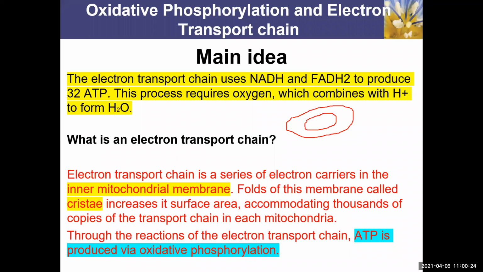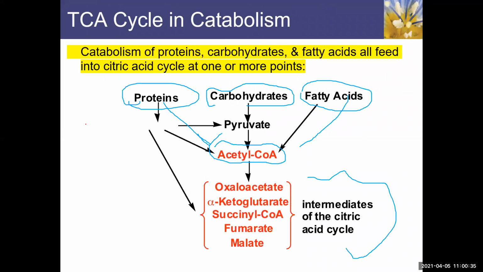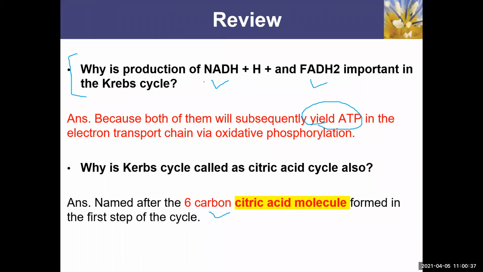Okay. Now, what is going to happen here? What is the main idea here? The main idea is that the NADH and the FADH2 which we produced in the citric acid cycle will enter into the electron transport chain, and when they enter into the electron transport chain, they will be converted into ATP.